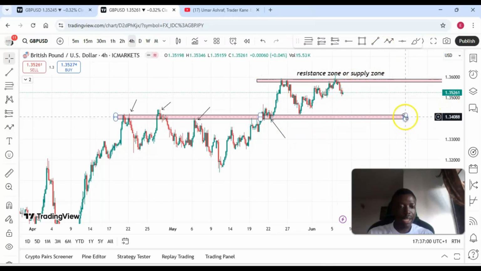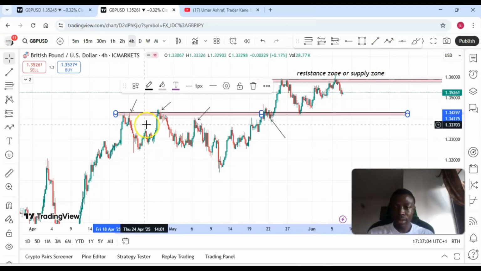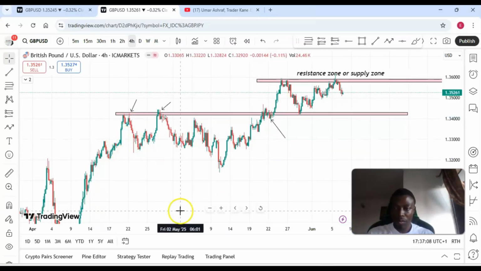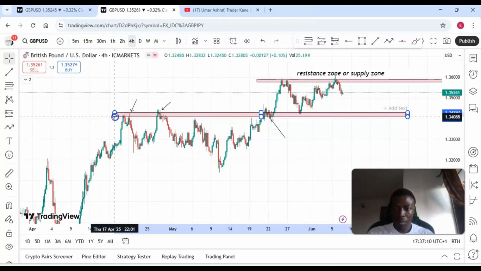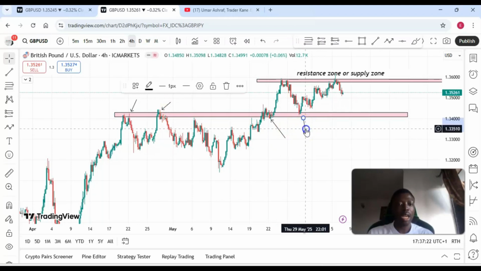If we increase this zone up a bit, you see that the market also reacted here. So we have 1, 2, 3, 4 touches on this particular zone.